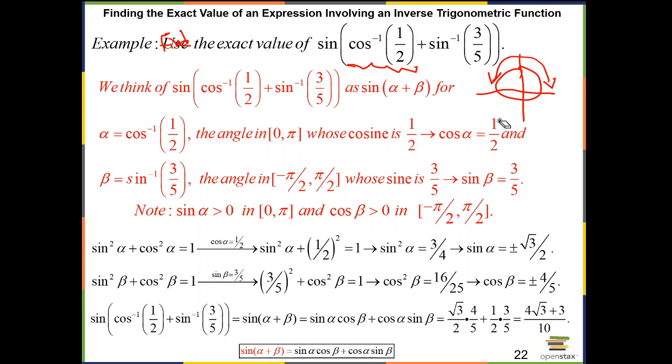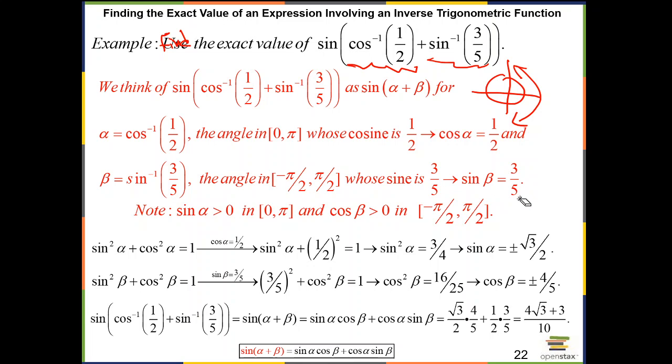So cosine alpha is 1/2, and we're looking from 0 to pi, right? And the other one, let's call it beta. The question is, what's an angle beta in the restricted domain of sine, which is over here, from 90 to negative 90, whose sine is 3 over 5?